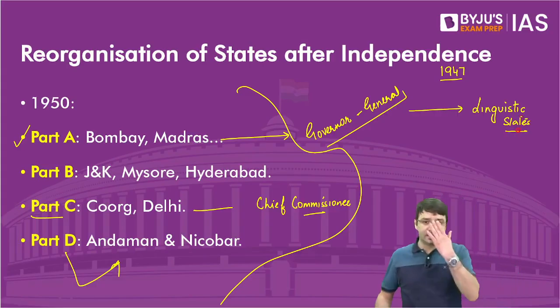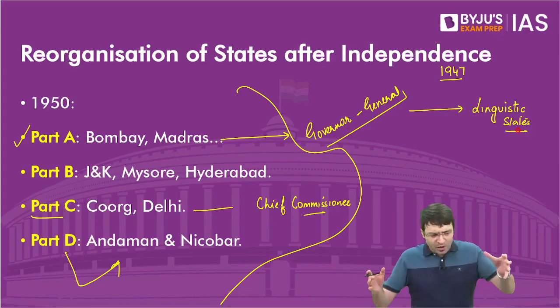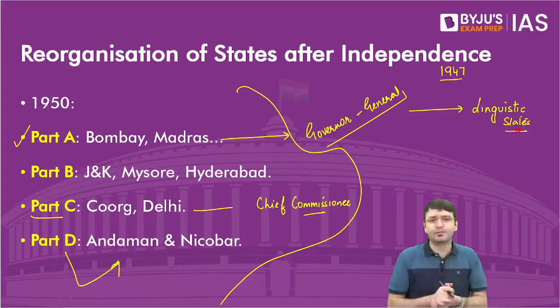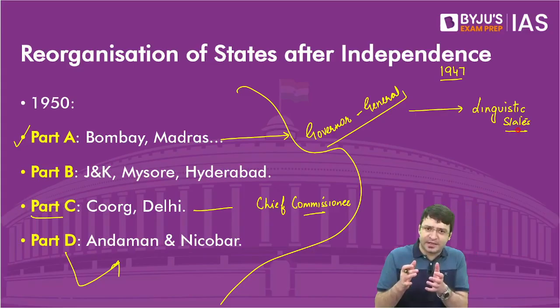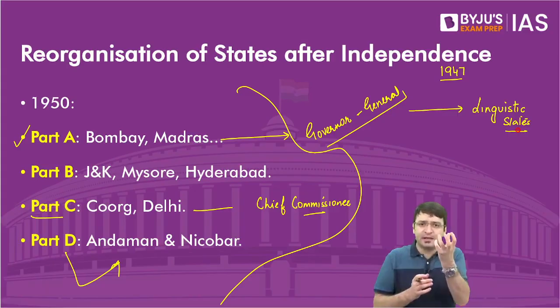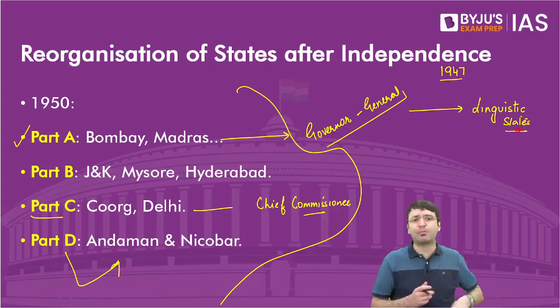Linguistic states in the sense, a language, Tamil for example, no matter where this language is spoken, all those areas should come under one state. That means one state for one language. Similarly, if there are Kannada speaking population areas, all those areas should be merged to create one entity, one state, specifically for the Kannada speaking population.